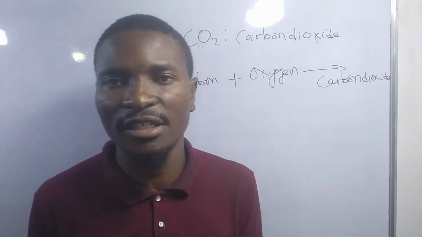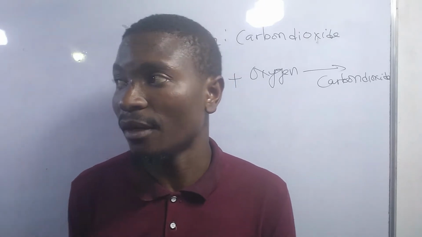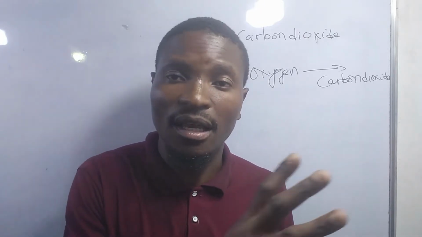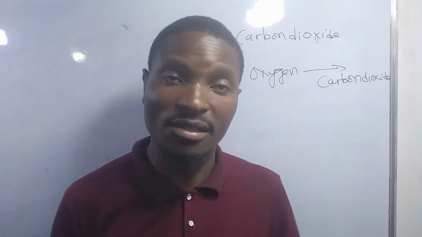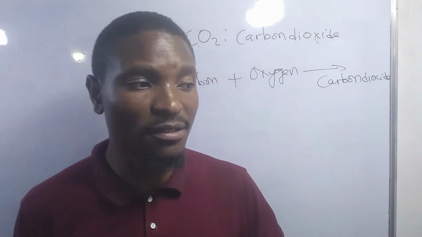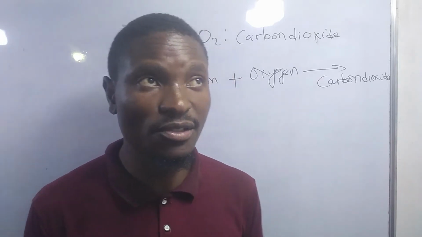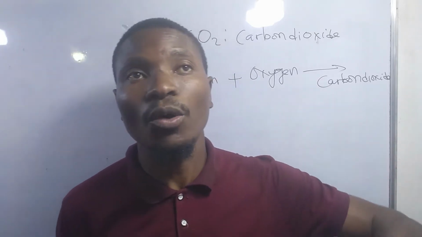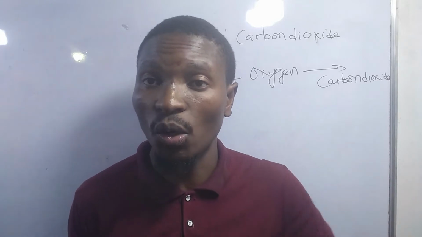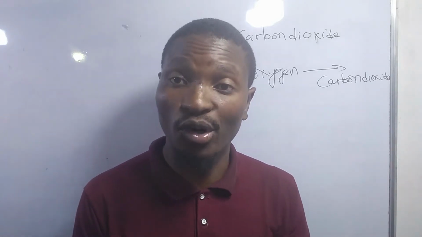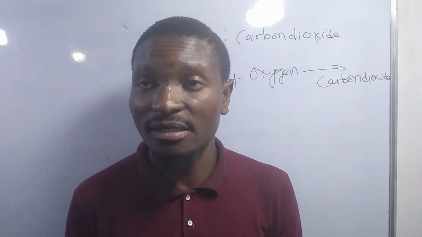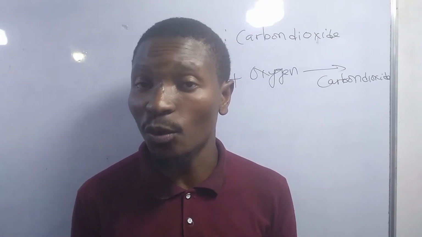Carbon monoxide is the toxic gas that comes out most of the time if there is insufficient oxygen in car engines, or there isn't enough fuel. If there isn't sufficient oxygen, you end up getting carbon monoxide. Carbon dioxide is a stable compound.